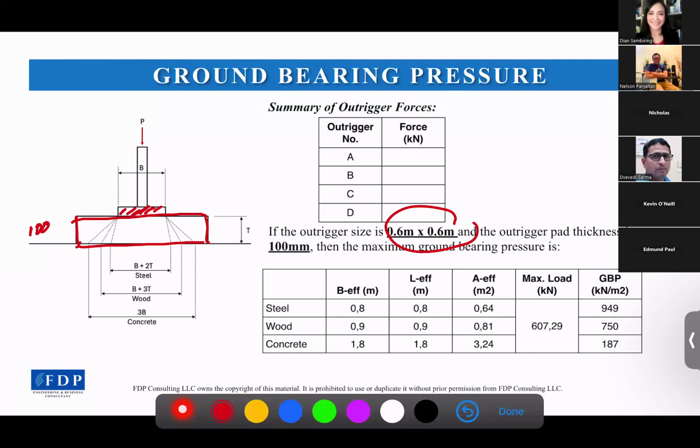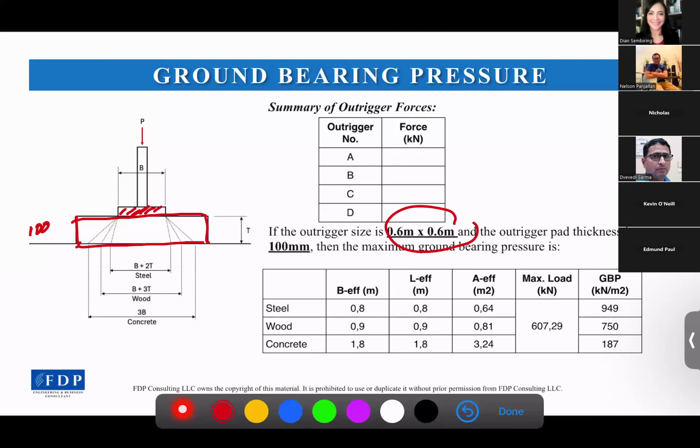First, we need to find the effective bearing area. The mechanism of load distribution is like this. The outrigger force will be distributed to the bearing pad, and then the bearing pad will continue the pressure to the ground at a certain angle.